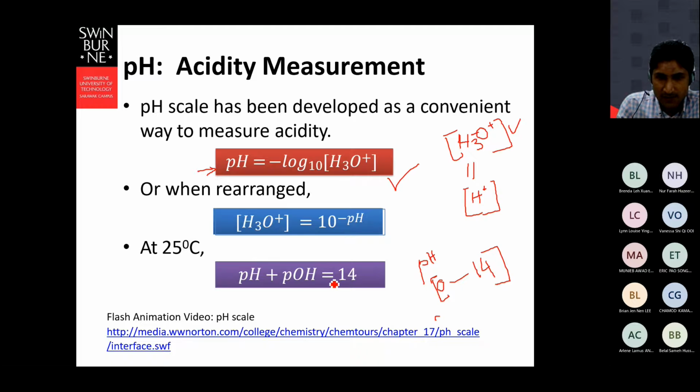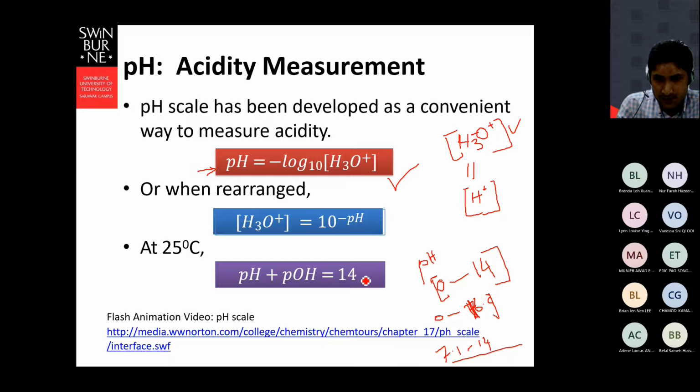So 0 till 7, actually less than 7, let's say 6.9, is the acidic scale, and 7.1 until 14 is a basic scale or alkaline solution. So 7 is the neutral.